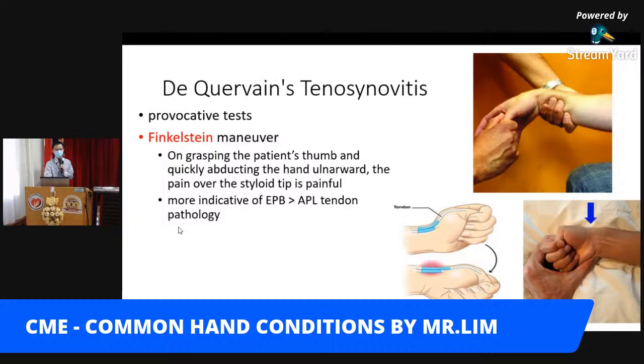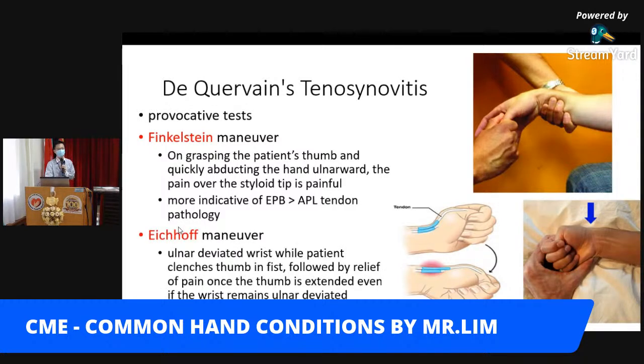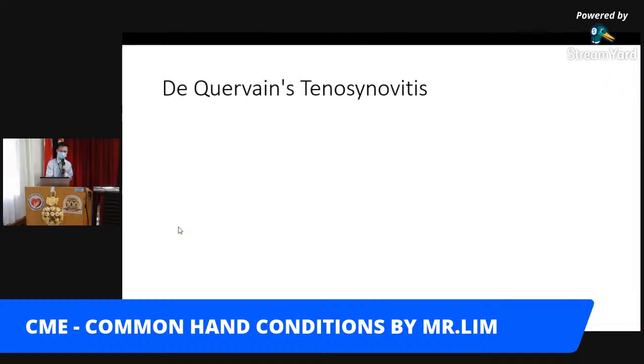So if you do one, you don't do the other, causing too much discomfort. Eichhoff maneuver: the thumb is inside the fingers, grasping, and in ulnar deviated motion, the patient tells you the pain is too much. Stop it.